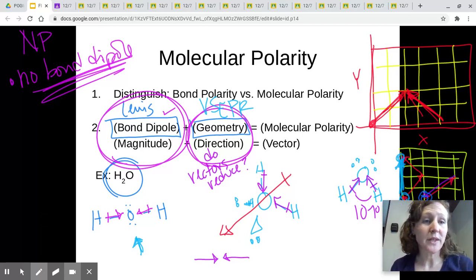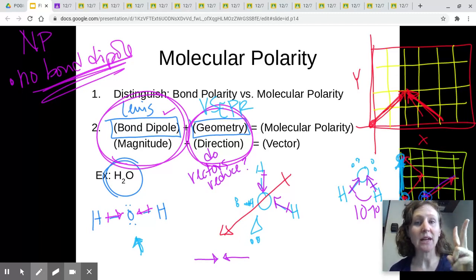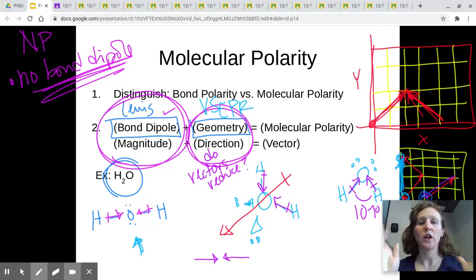In order for something to be polar, you must have A, bond dipoles, and B, those bond dipoles cannot be equal and opposite. If those two things are true, if you have bond dipoles and they don't cancel each other out, your overall molecule will be polar.